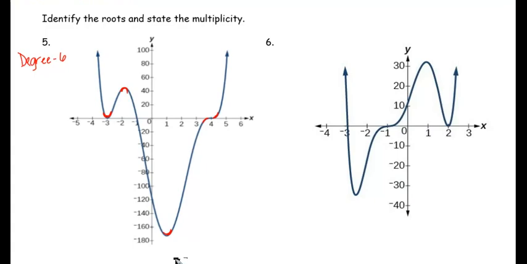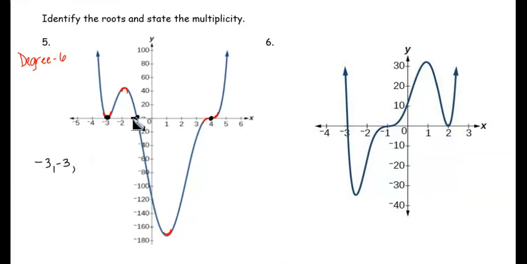So what do I look for? I look for where the graph touches or crosses the x-axis. And that occurs at these 3 points. So the shape of the graph tells me how many of each answer I have. If the shape of the graph is parabolic, U-shaped at that point, that means I have 2 of them.